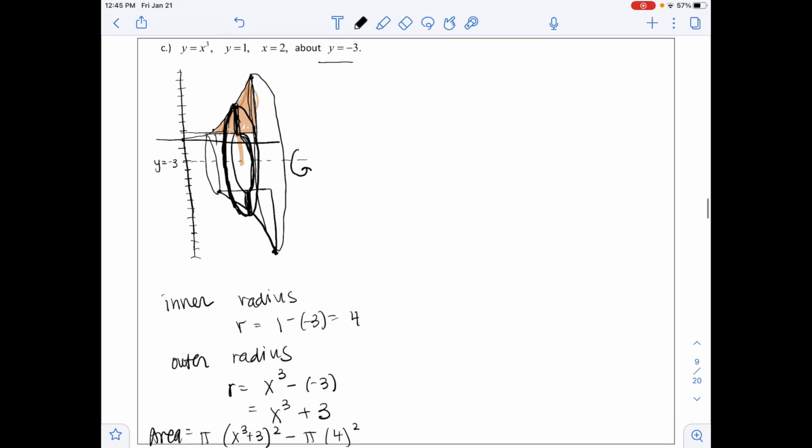So in order to find our volume, we're going to have pi times the integral from, and our x values are changing from 1 to 2, times the outer radius squared, which is going to be x cubed plus 3 squared minus the inner radius squared.